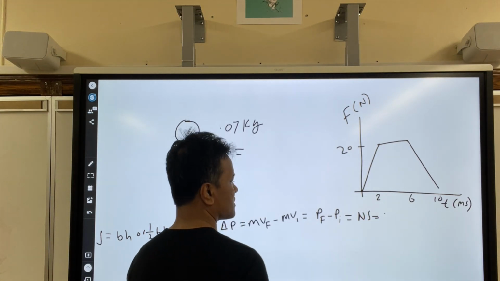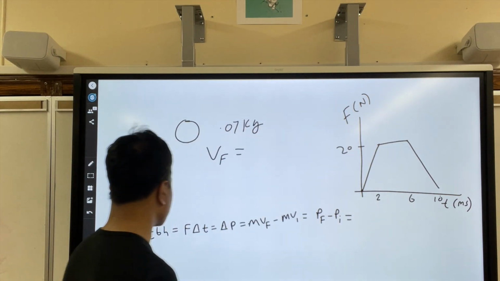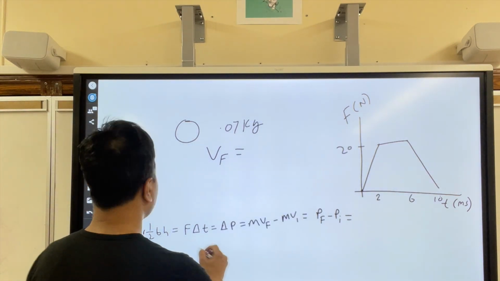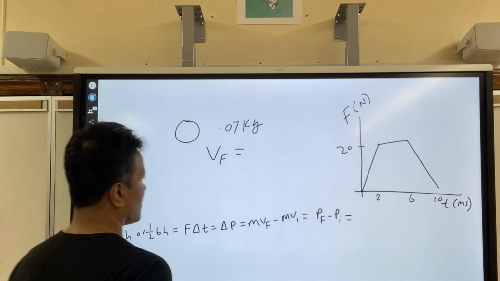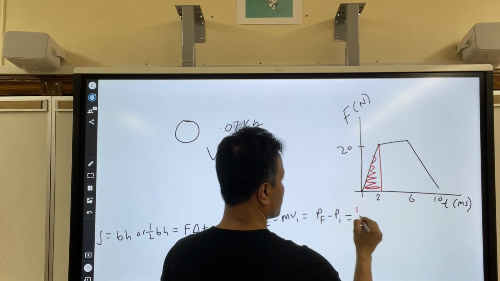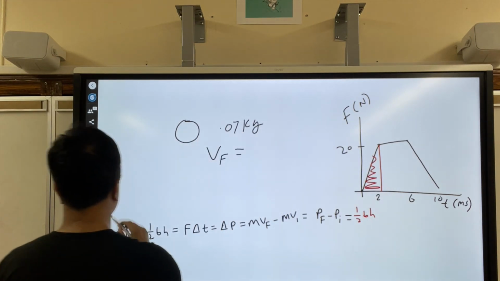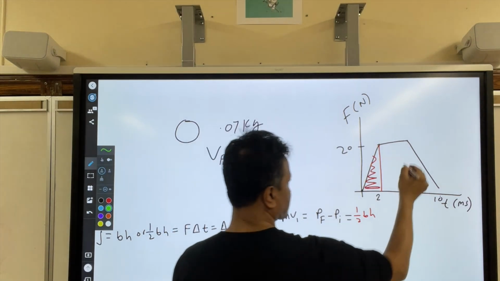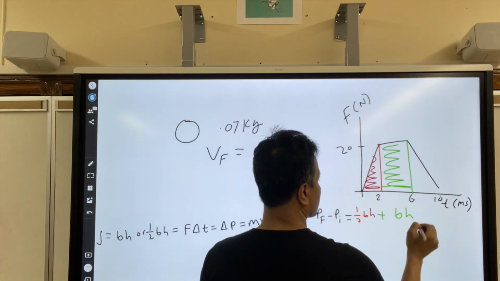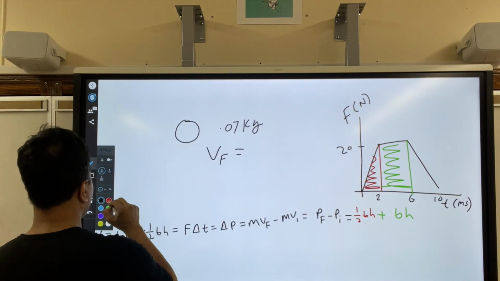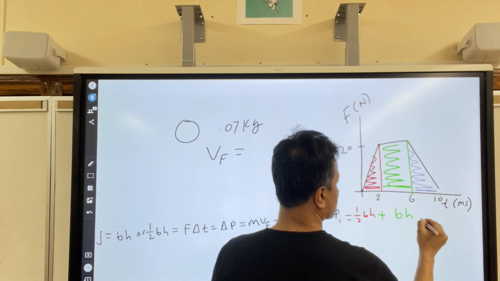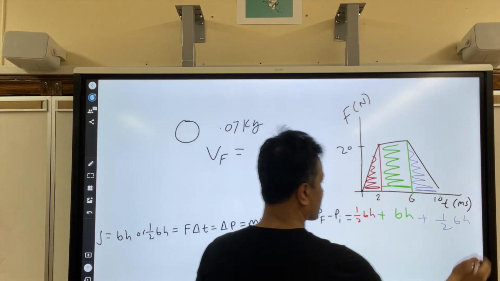And that's it. I think that's enough. I see a triangle, so I'm going to write half BH. I see a rectangle, so I write BH. I see a triangle again, so I write half BH again.